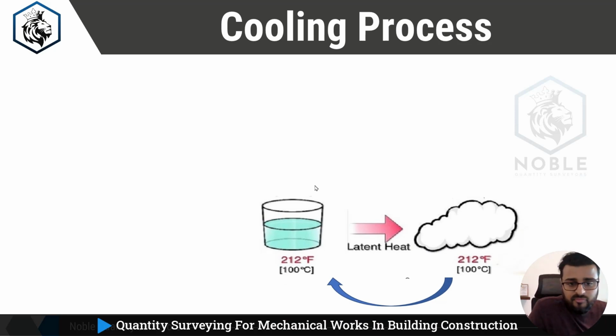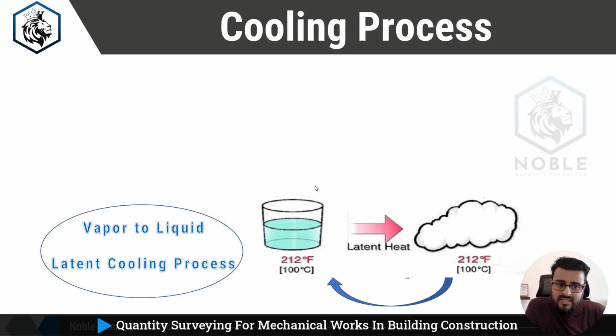Let's say a vapor is collected and condensed to water. That means the moisture which is in the air is collected and condensed to water. So what we are doing is, air which has moisture, water droplets in vapor form, we need to remove this water content from the air.